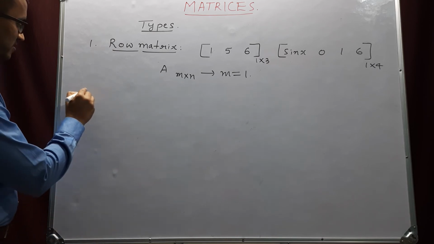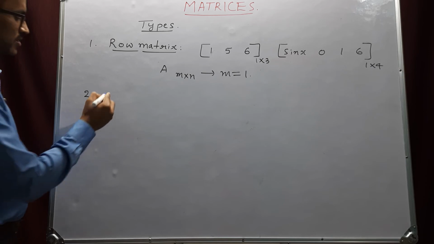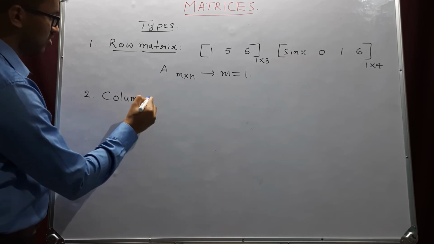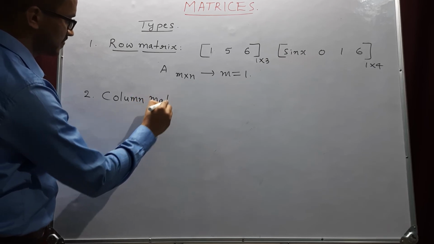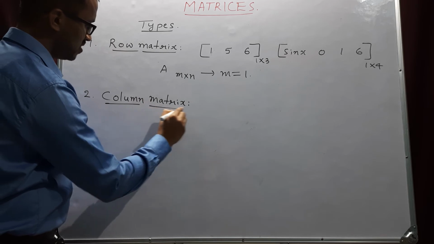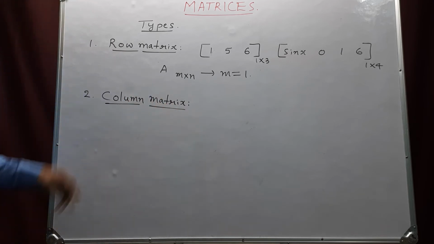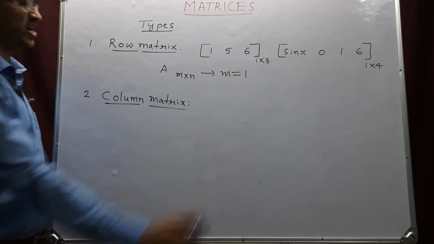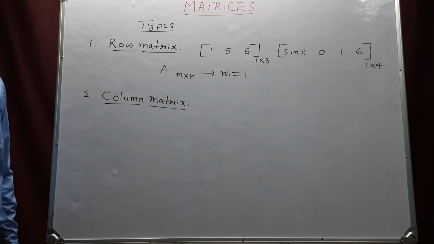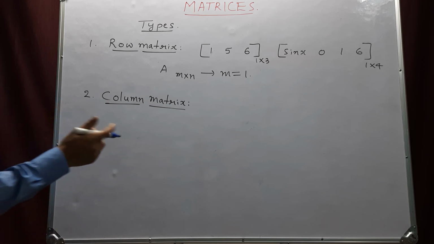The second one is the column matrix. It is similar to the row matrix. In a row matrix, we should have only one row. In a column matrix, we should have only one column, irrespective of the number of rows.